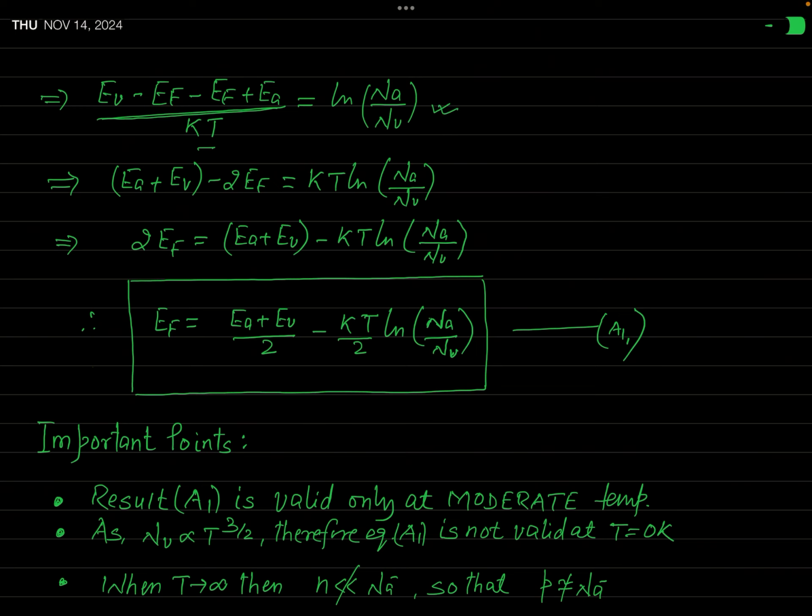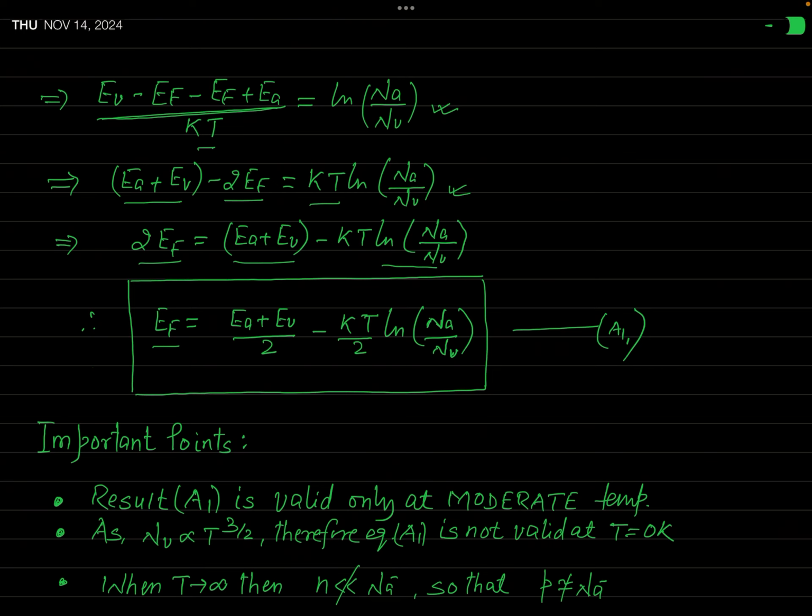Okay. So this is EA plus EV minus 2EF, and that is equal to KT times log of Na over Nv. And so you can see 2EF is given as EA plus EV minus KT times log of Na over Nv.